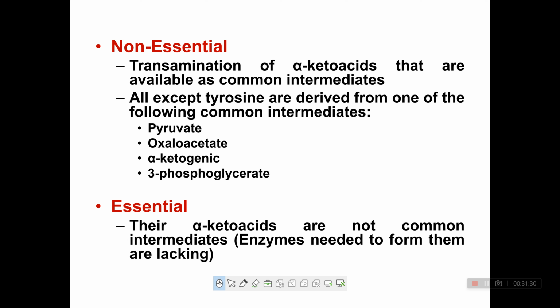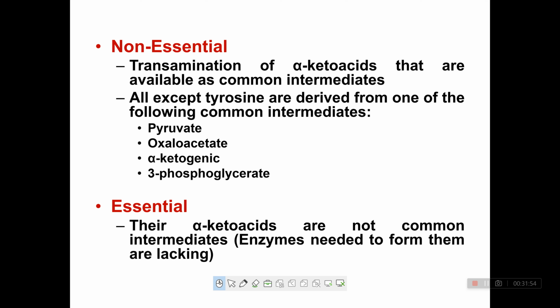Except tyrosine, all are synthesized from these intermediates: first pyruvate, second oxaloacetate, third 3-phosphoglycerate and fourth alpha ketoglutarate. Okay, clear?